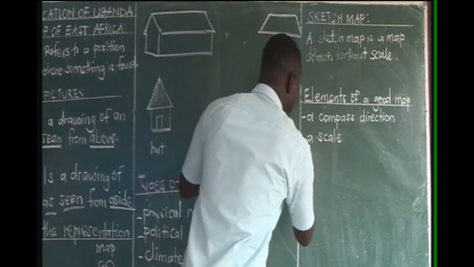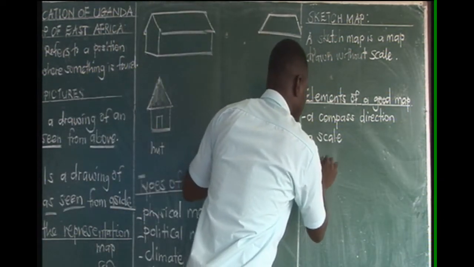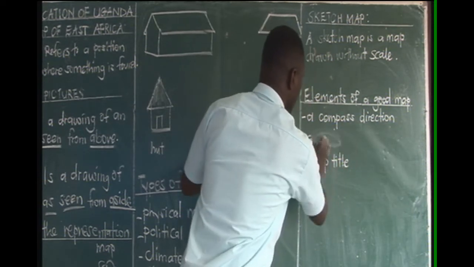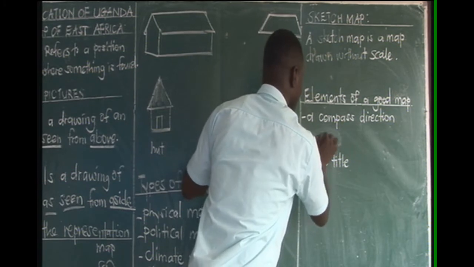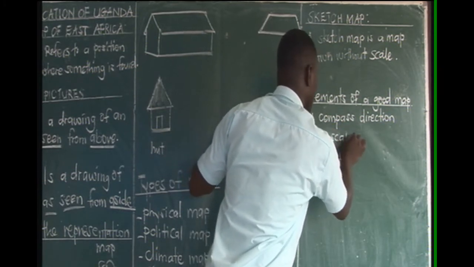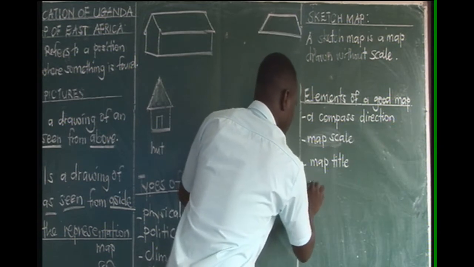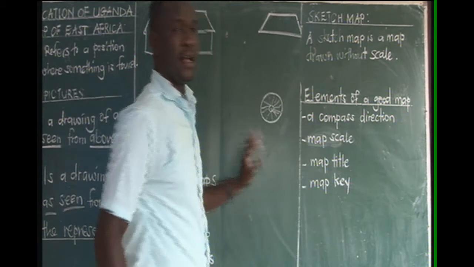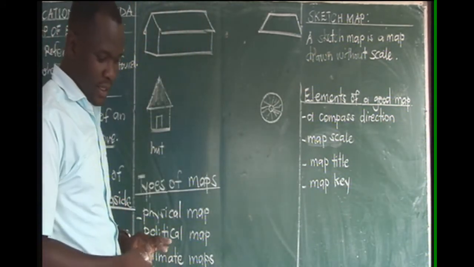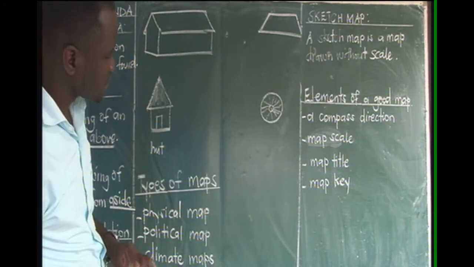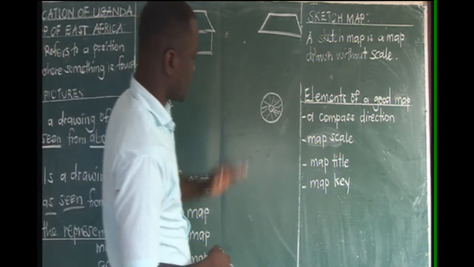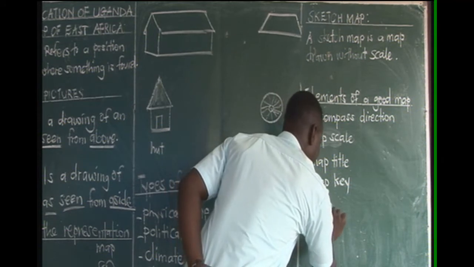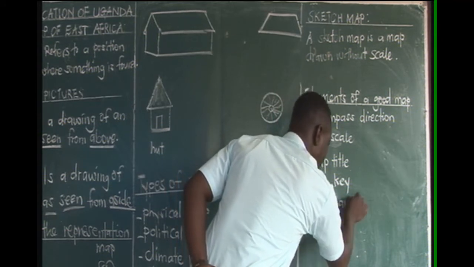We can have a map title. We can have the map key. Then we also have, besides the compass direction, the boundary.